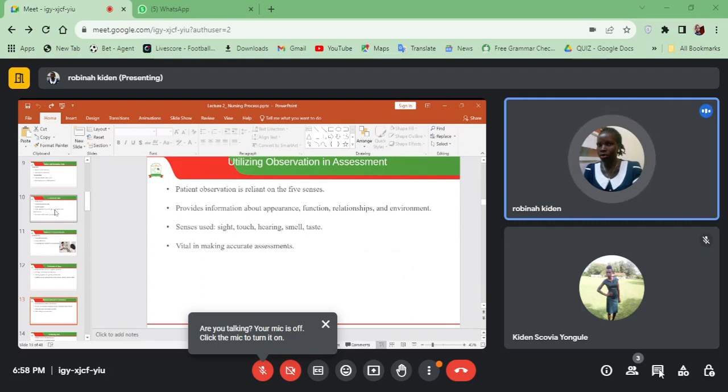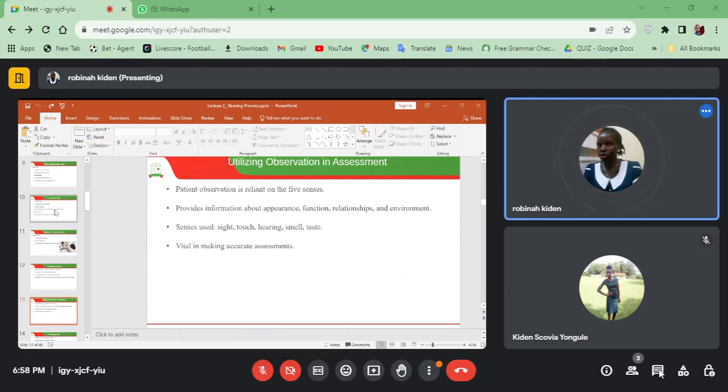So the senses that we use in the observation of a patient include sight, touch, hearing, smell, and taste. So we use all these senses. When we are around, we make sure that we observe in every corner of the patient. We observe the patient himself.